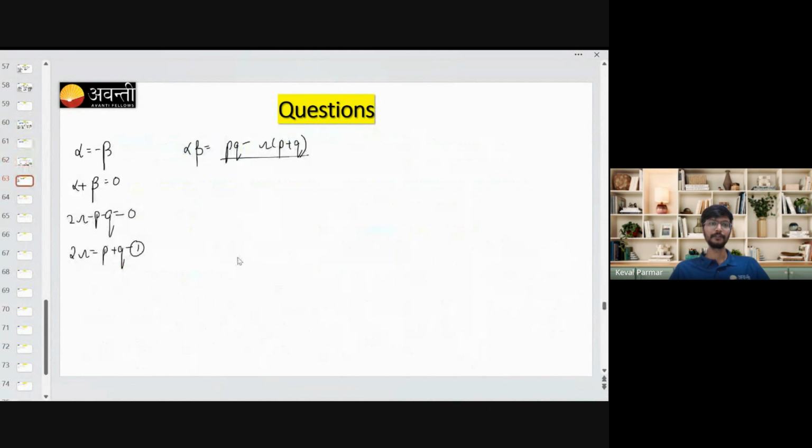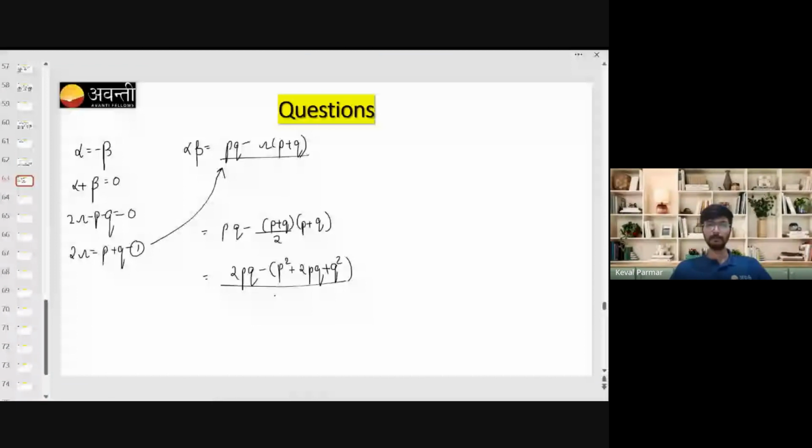We get pq minus p plus q by 2 into p plus q. If we take LCM, I get 2pq minus p square plus 2pq plus q square, which is p plus q the whole square, upon 2.